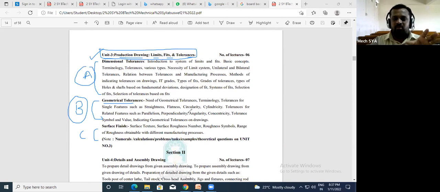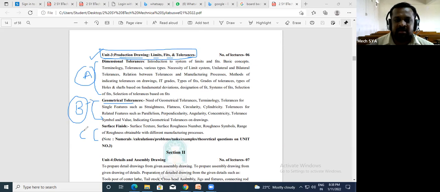In geometrical tolerances we learn the symbols for straightness, flatness, circularity, parallelism, perpendicularity, angularity, co-sectionality. Such symbols we are going to learn in part number 2, B.